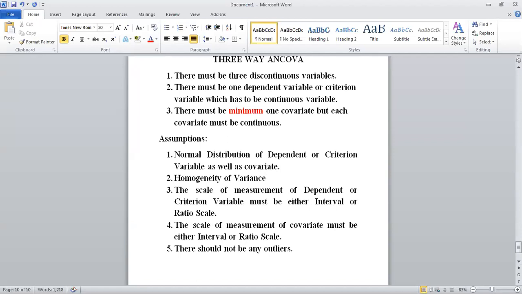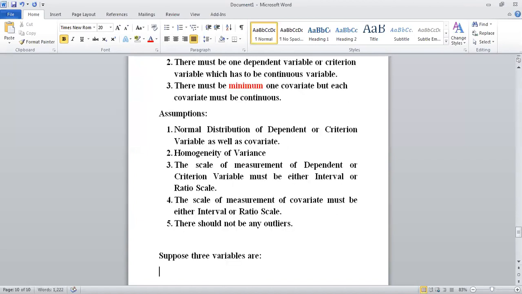Now, the next important point that I'm going to tell you is, let us take 3 variables. Suppose my one variable, any one you can take, but it has to be a discontinuous variable.